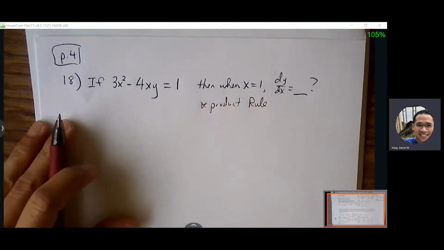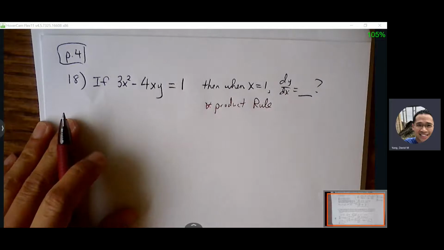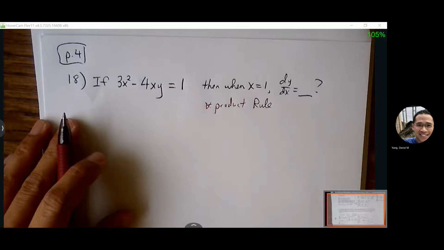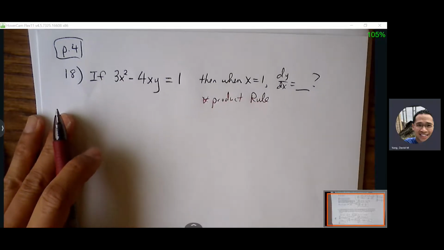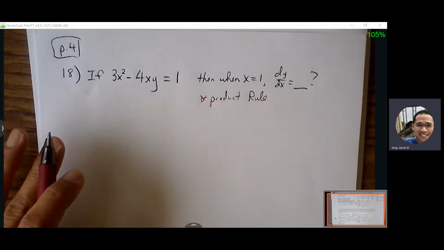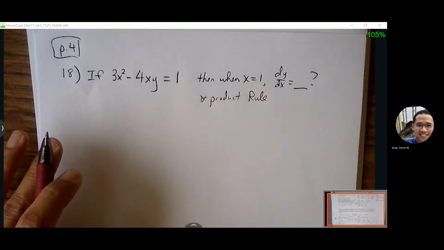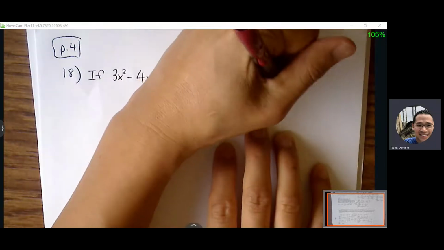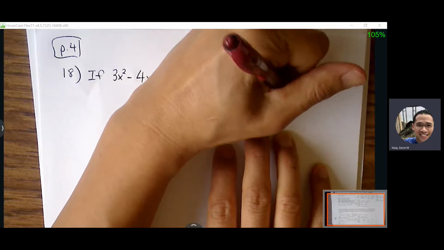And there's something else where students make mistakes. Can you spot where that could be? It doesn't seem like a big deal, but it's a common place for students to make a slight mistake that throws off their whole answer. Product rule looks like this: f prime g plus fg prime.